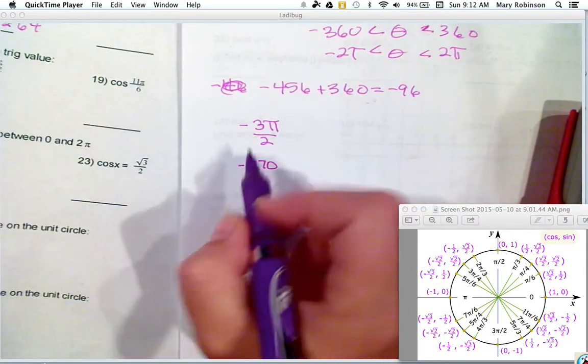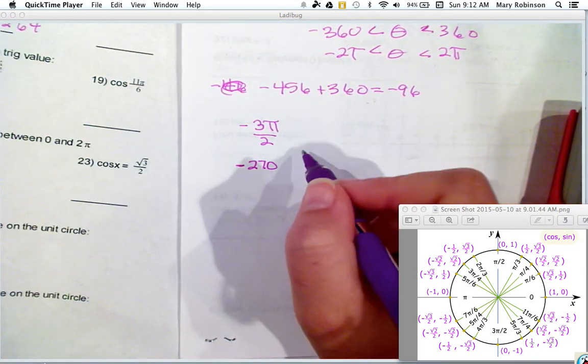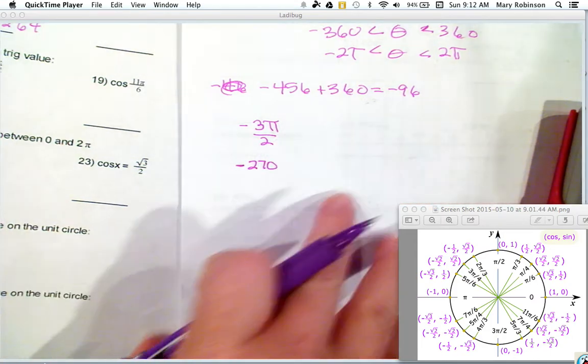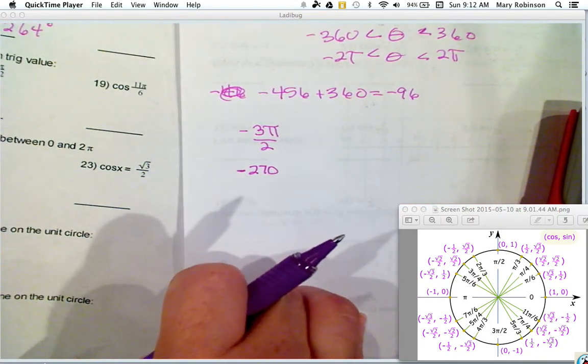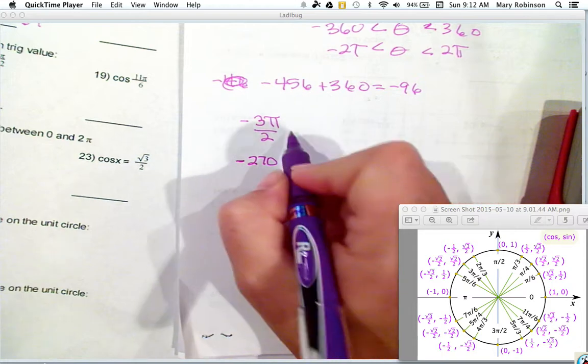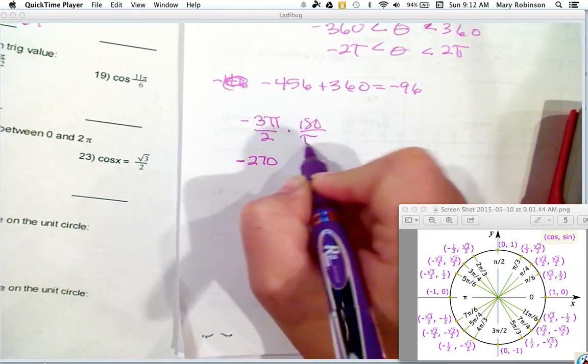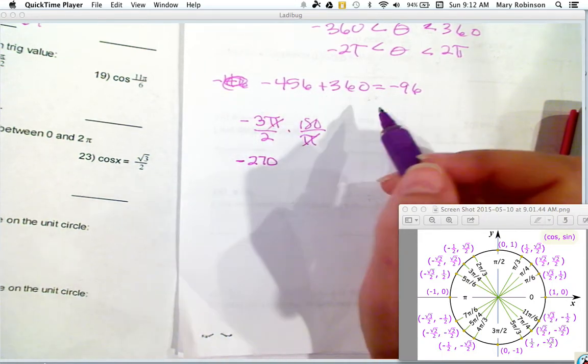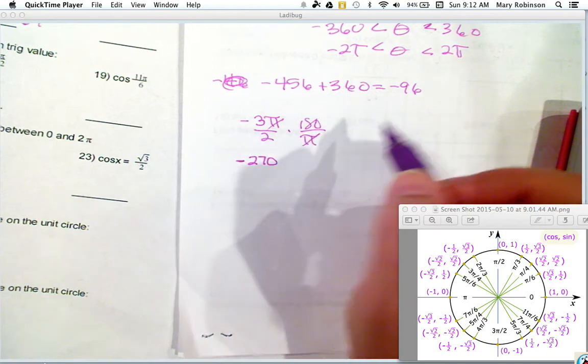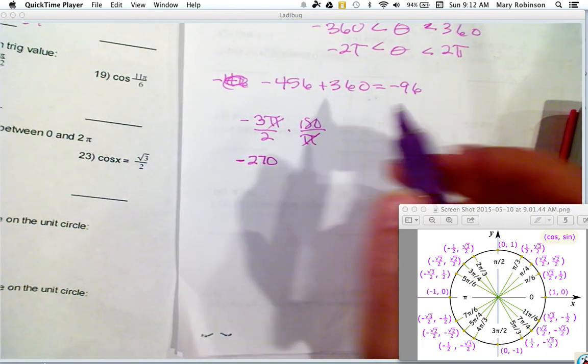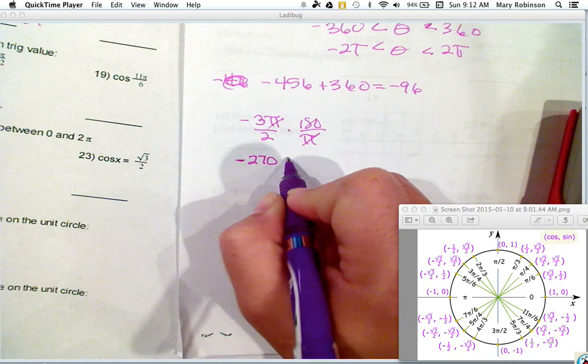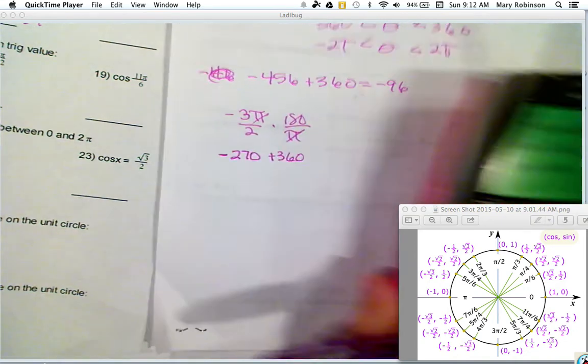So I can convert that. I know it's negative 270 degrees. I can multiply by 180 over pi if I wanted to convert it. You don't have to do this. Certainly, you could just add 2 pi, and then just type that in. You'll get negative 270.